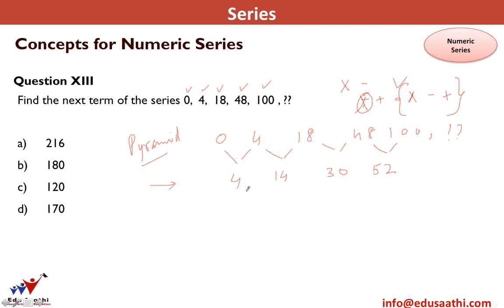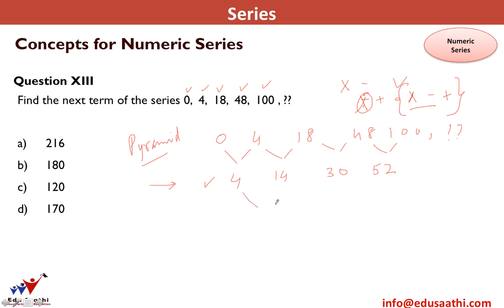Now you look at this stage and find out if you can find any logic between 4, 14, 30, and 52. So I can do 4 into 3, 12 plus 2, but 14 into 3 is too much. So again, if you pause this video here and try to find out a logic at this stage, you'll not be able to find out a logic using these three signs. So what you do is you move on to the next layer of the pyramid.